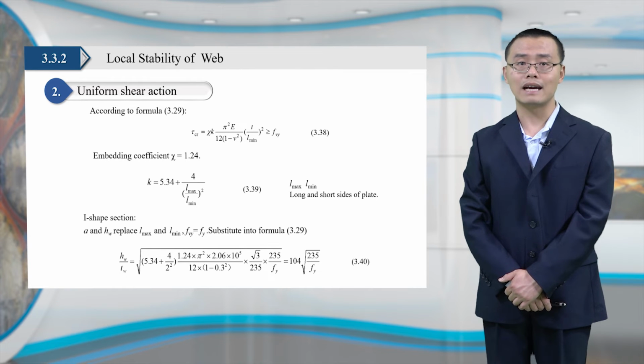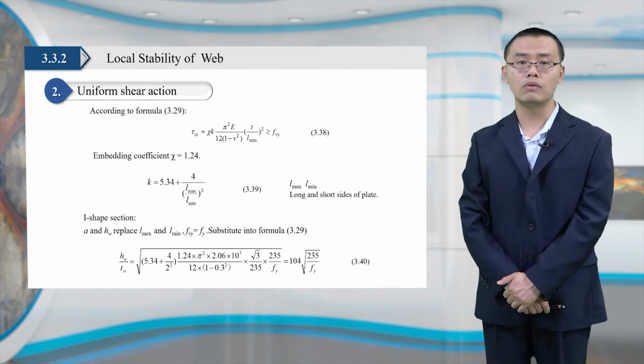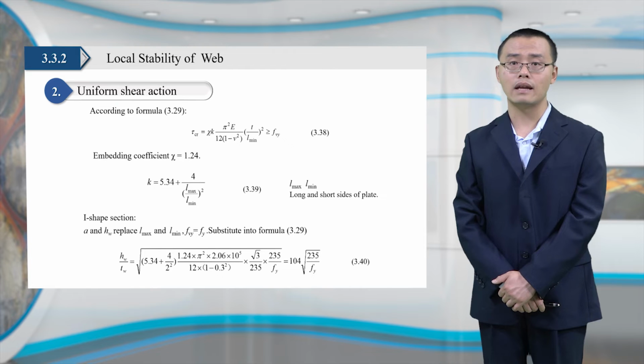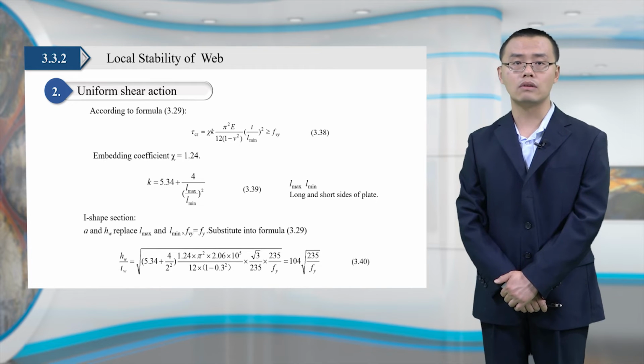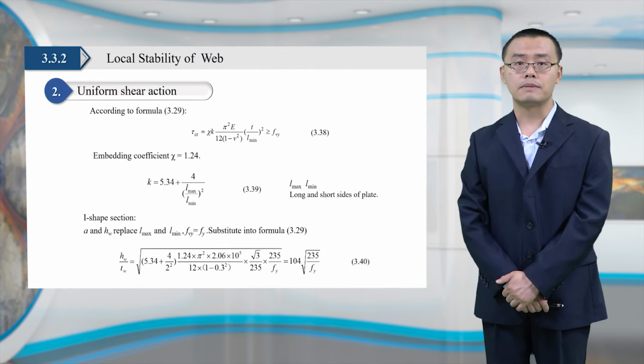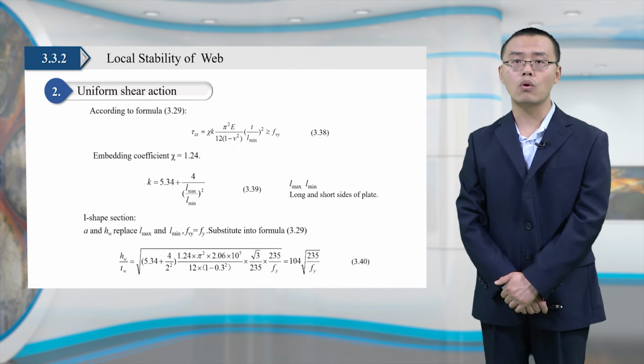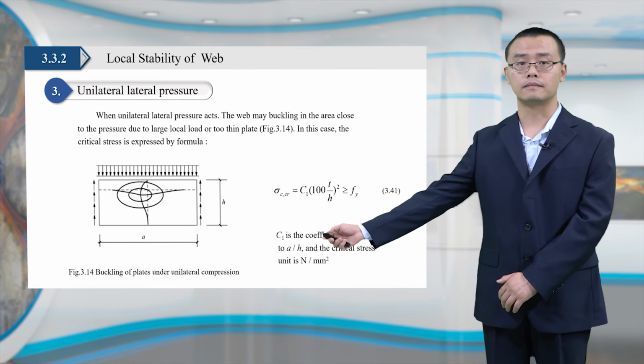For I-shaped section, A and HW replace Lmax and Lmin. Fvy equals Fy. Substituted into formula 3.29, we can acquire the expression 3.40.